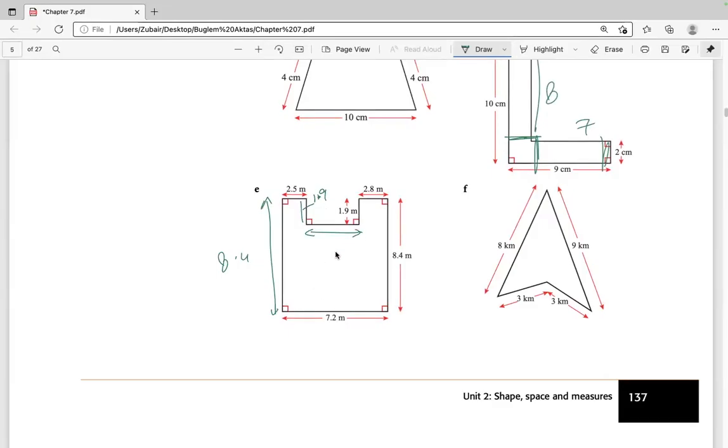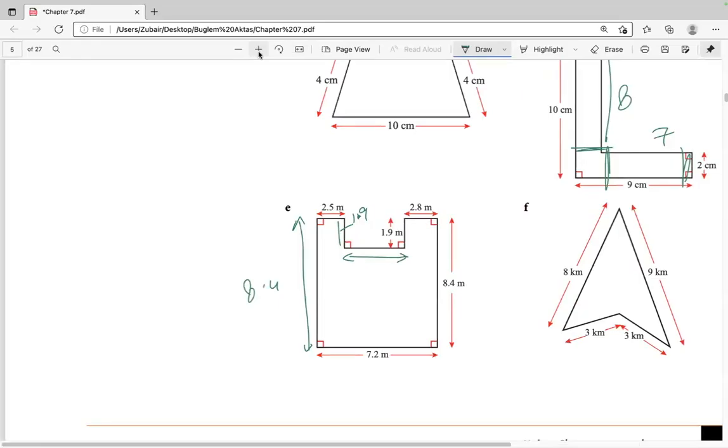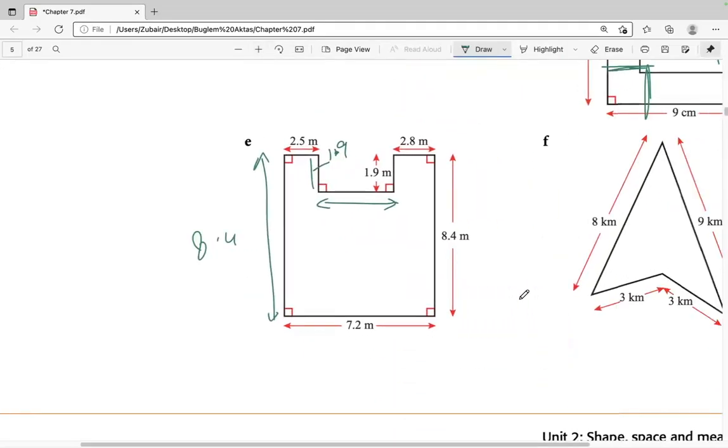That length is... Do you want me to zoom in? Yes. 1.9? Still? No. Yes, that is 1.9.